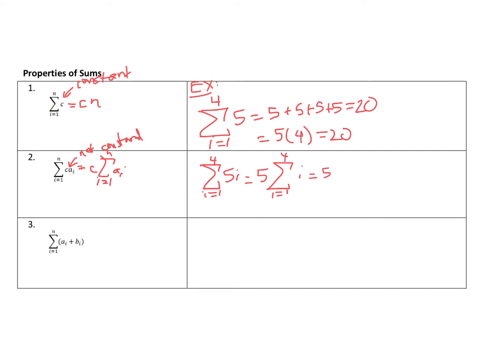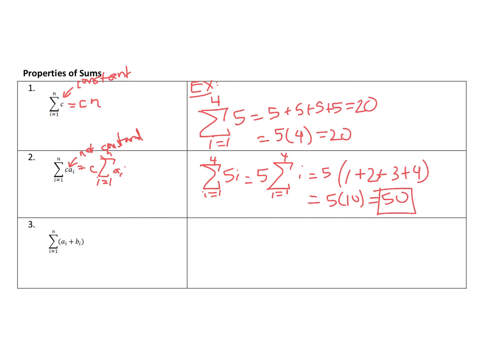So then I would have the 5 in front, and then I would add up I equals 1 plus I equals 2 plus I equals 3 plus I equals 4. That's going to give me 5 times 10, which is 50. By the way, you might notice that this problem looks a little familiar. You actually just did this problem a few minutes ago. So if you want to see the other way to do the problem, just go ahead and look back at your notes.